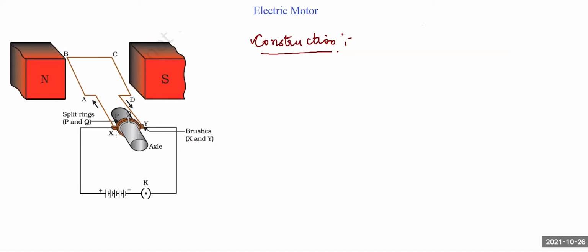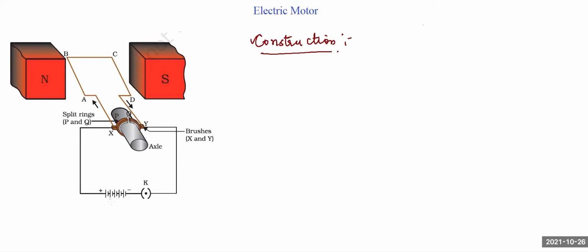The external conducting edge of the split ring is connected to two brushes, named X and Y in this figure. These brushes are again connected to an external circuit with a battery and a key.